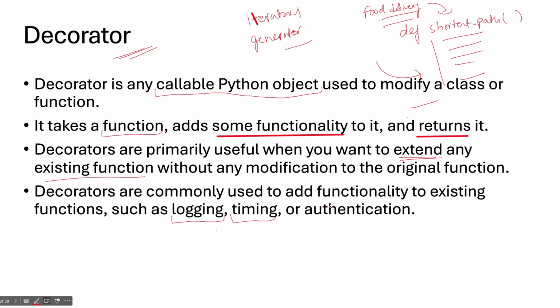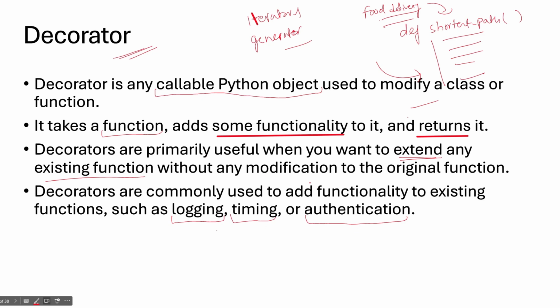Logging means you want to generate your logs, so you can create a decorator, and every time instead of writing that code, you just call that decorator. Before calling the function, it will show you all the log information, execution time and other things that you add. Similarly for authentication, if you want to authenticate the user before calling that function, you can add that functionality too.